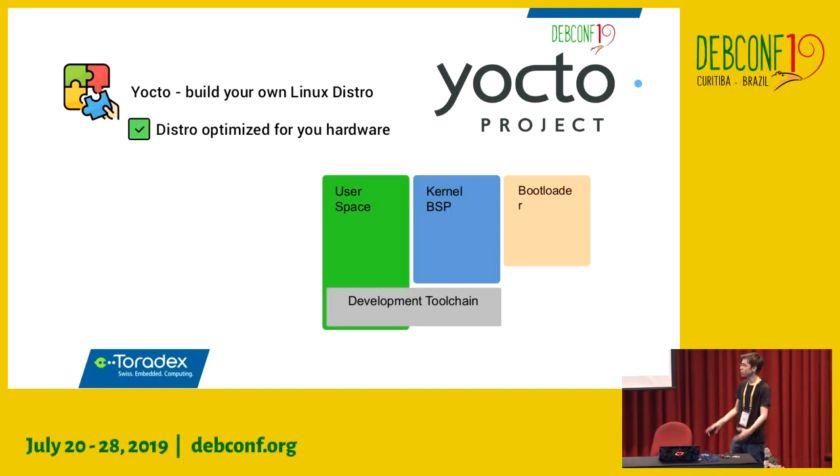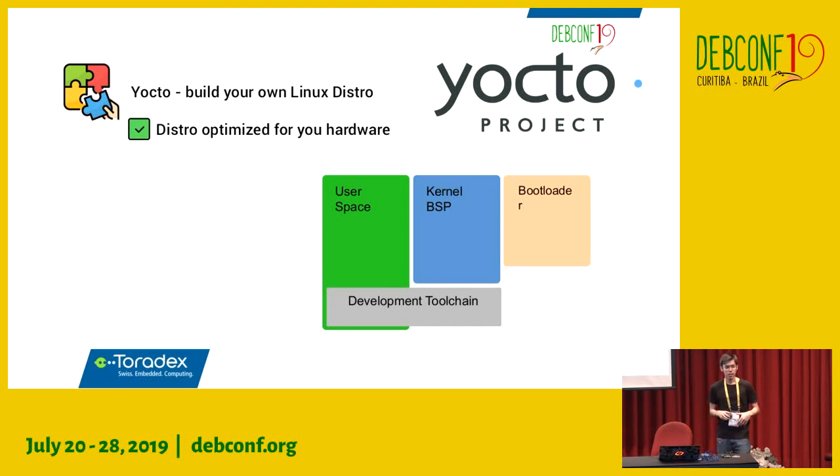Yocto builds your own Linux distro, and we have some layers: the bootloader, the kernel, the board support packages. These layers are provided by the vendor of your hardware. You don't have to care about this, but the user space is a layer that we have to work on. Put the packages we need, the libraries, and everything we need to run our application. Yocto is based on recipes.